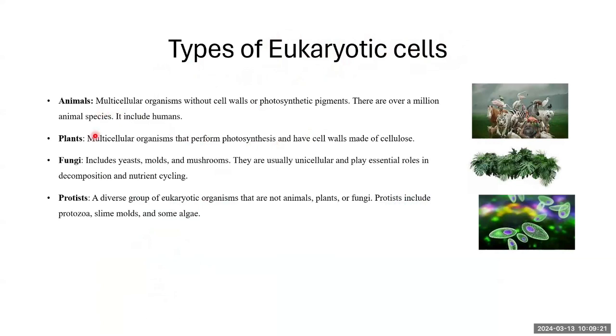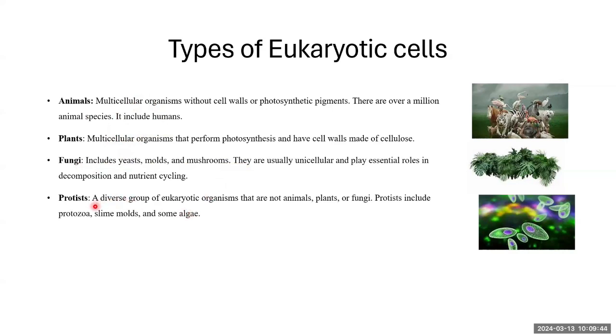Number one is animals, plants, fungi, and protists. As you know, animals, including humans, contain eukaryotic cells. Plants also have eukaryotic cells. Animals, plants, and fungi are multicellular, but fungi has some species that are unicellular as well.